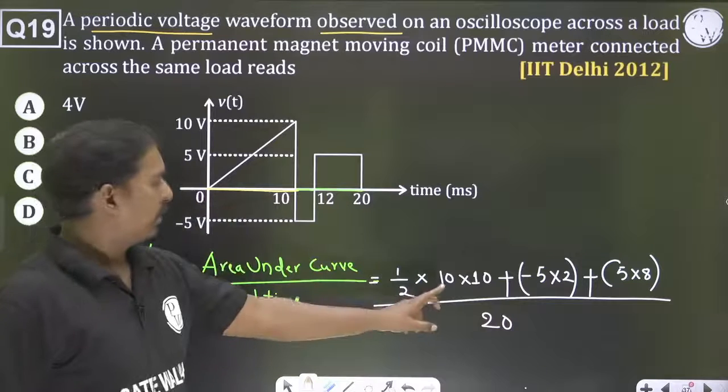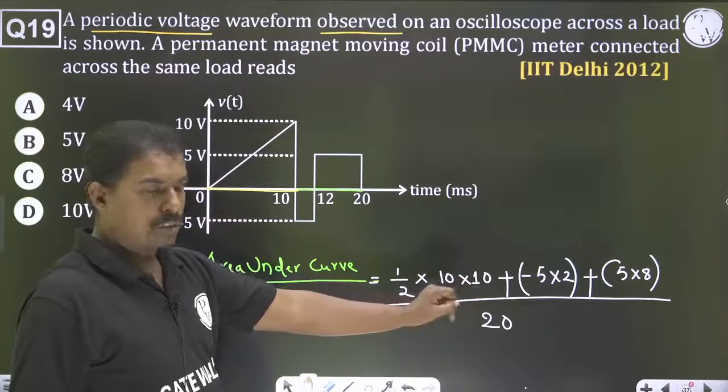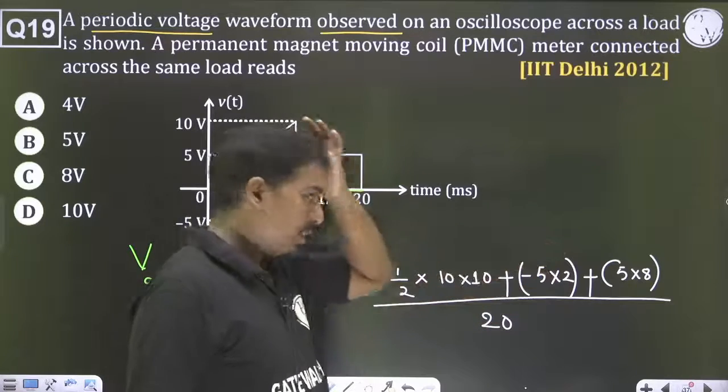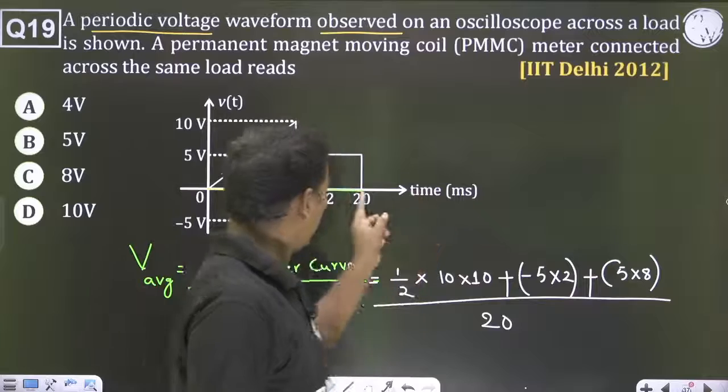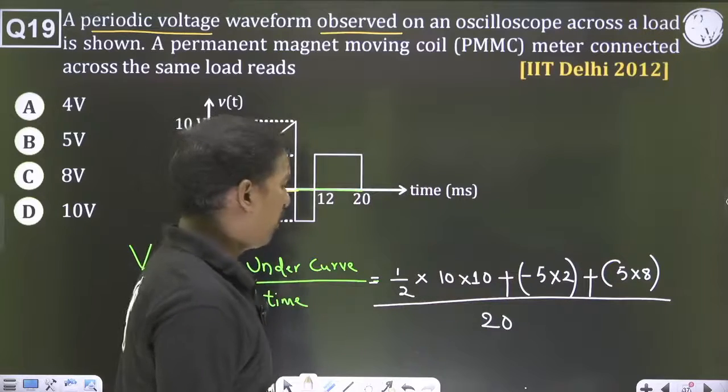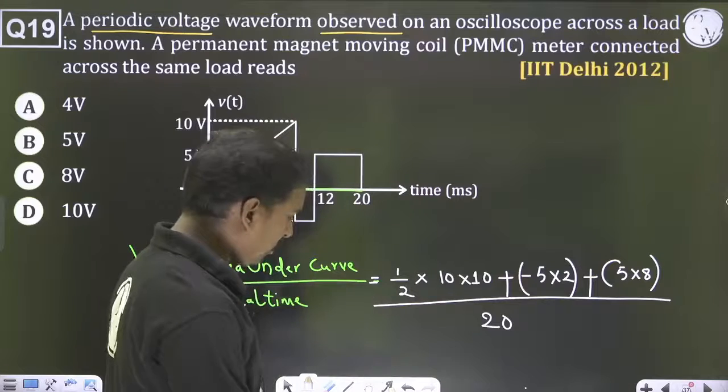Half, 10 milliseconds, 10 volts, minus 5 volts, 2 milliseconds, plus 20 minus 12, 8 into 5 volts. So if you simplify, how much are you going to get? Check it.